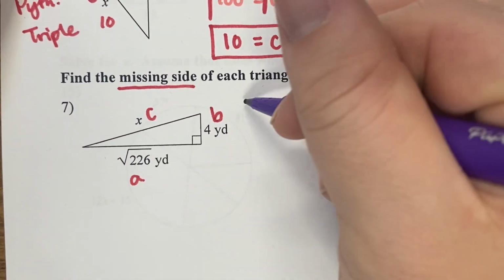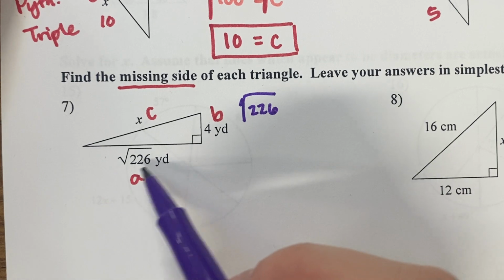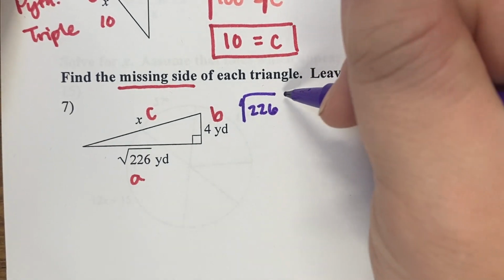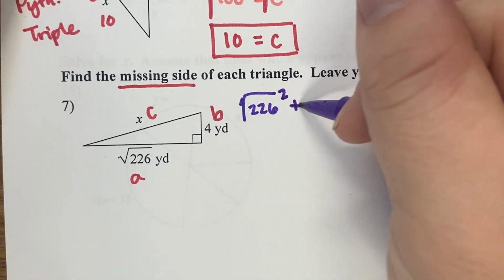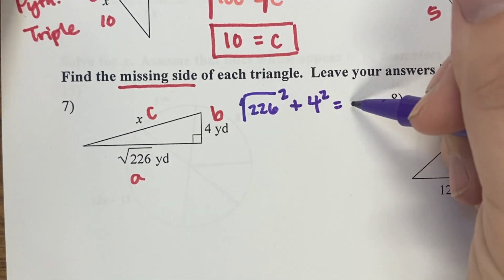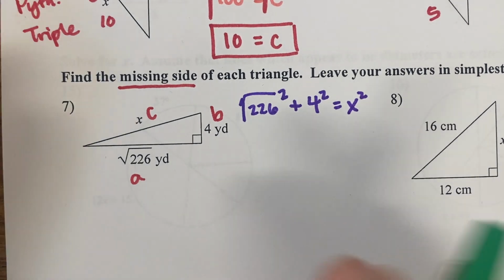So let's go ahead and plug it in. We have A squared, root 226. Remember, it's not 226, it's the root 226, so you can't forget that. So A squared plus B squared equals C squared. Now we simplify.